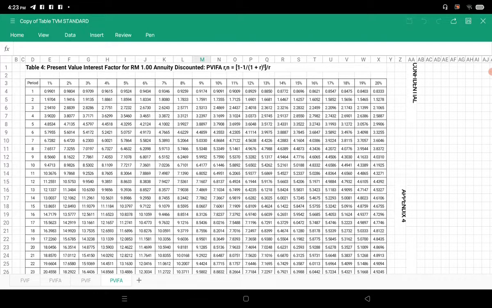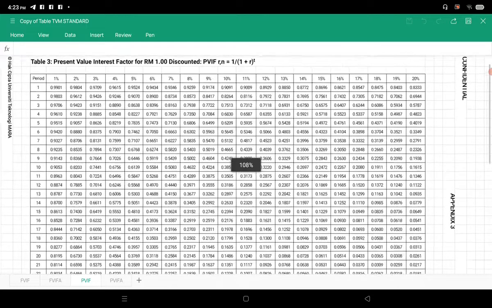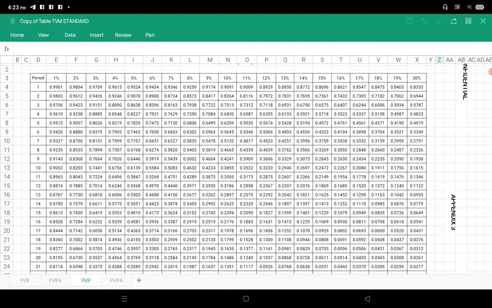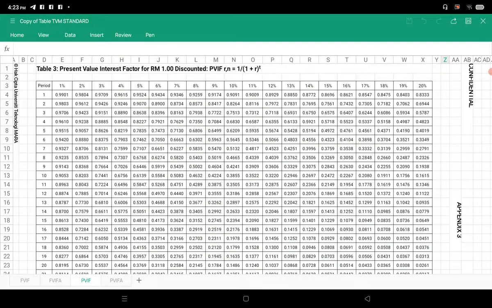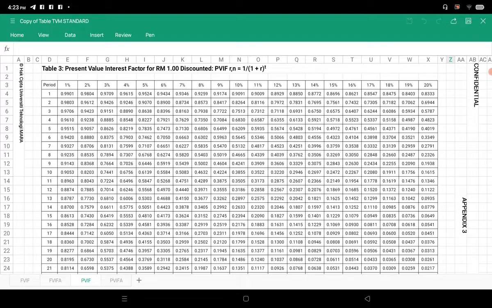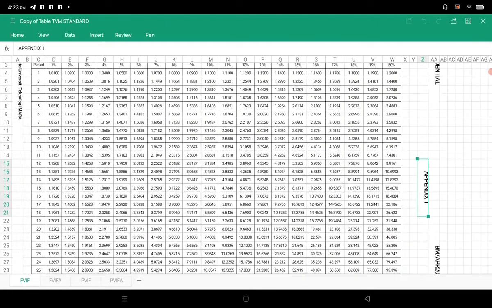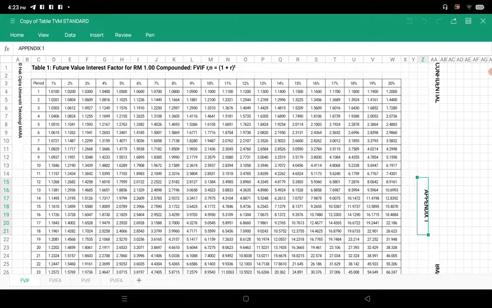When we are calculating a single cash flow, whether you are finding the PVIF, present value, you use this schedule to refer to the amount, or some of you might know how to use the financial calculator.